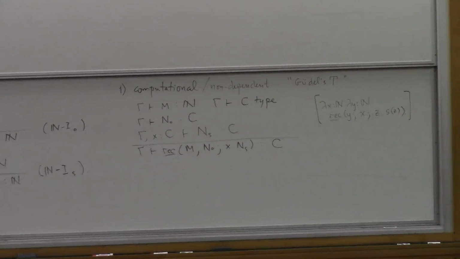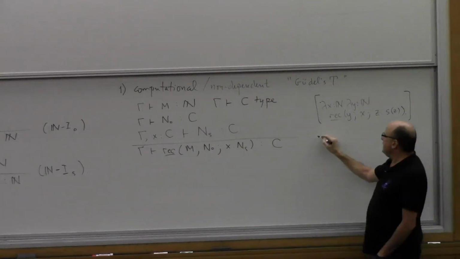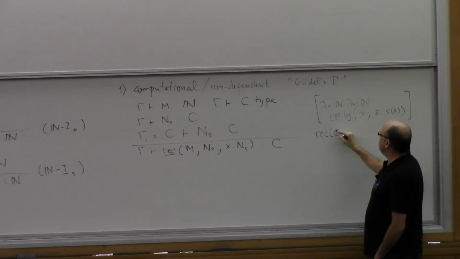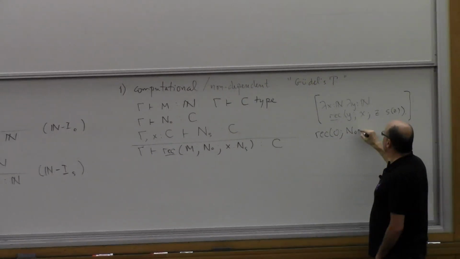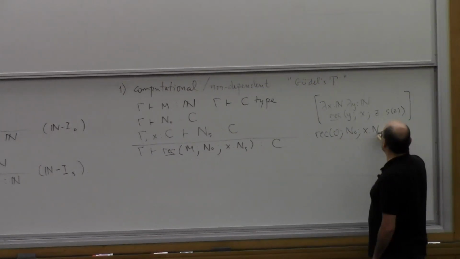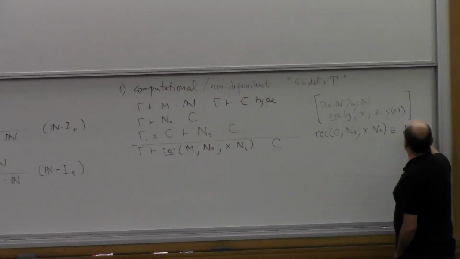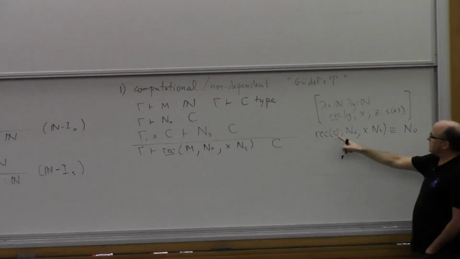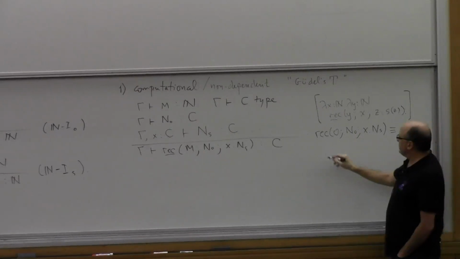And then all the things I said about definitional equality for an ad hocly defined notion of plus will fall out here because the recursor is defined so that on 0 with n0 and x.ns will be definitionally equal to n0. If you want to iterate something 0 times, then that's what you do.